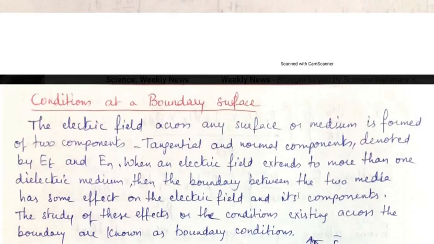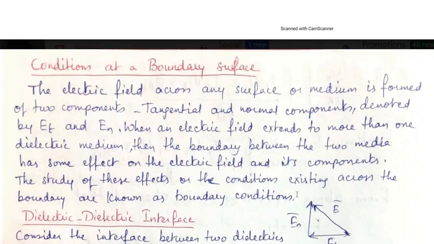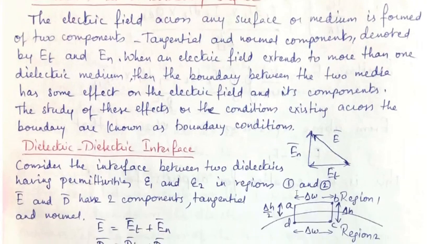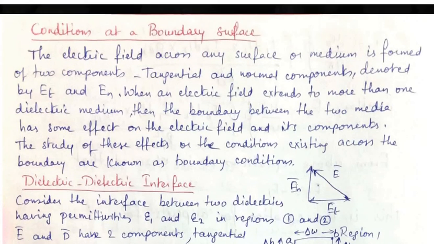The next topic we have here is the conditions at a boundary interface. So we'll see what these conditions at a boundary interface are. What is meant by this boundary interface or boundary surface? Whenever an electromagnetic wave is passing through any medium or free space, it has two components.